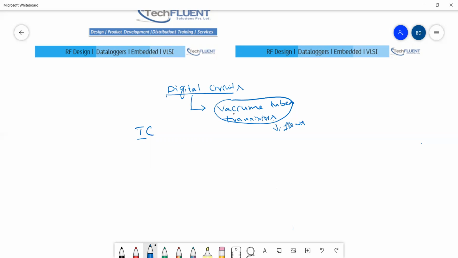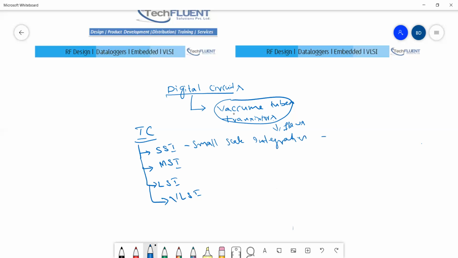Coming to the evolution of these ICs, IC technology has evolved into different integration technologies, that is SSI, MSI, LSI, VLSI. SSI stands for small scale integration, where up to 10 gates are fabricated on the chip.